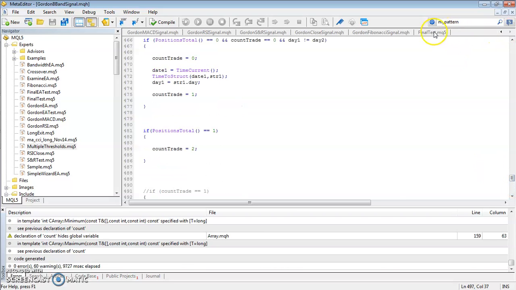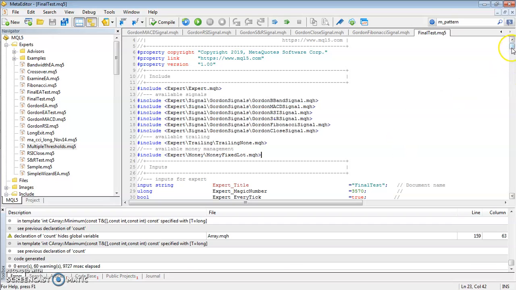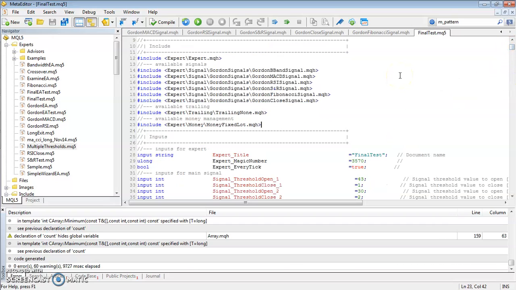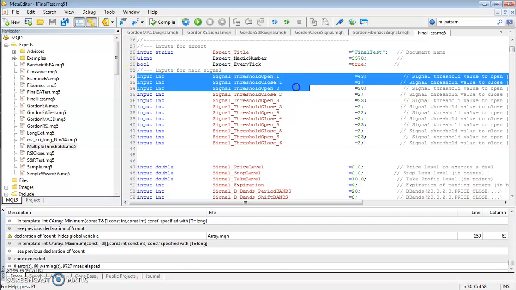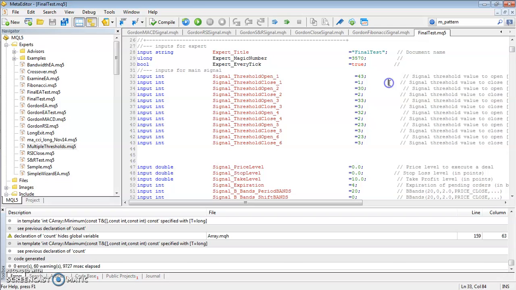Okay, so those are the trading modules that we've created and included in the main expert advisor. And we've set it to measure every tick. What we've done is create separate thresholds based on different combinations of patterns that we've programmed to trigger.